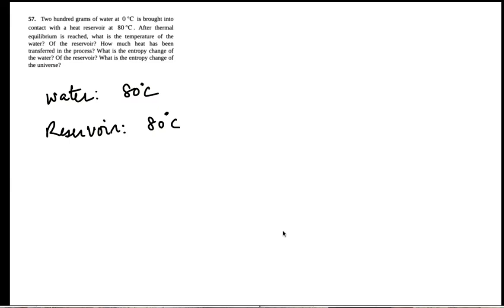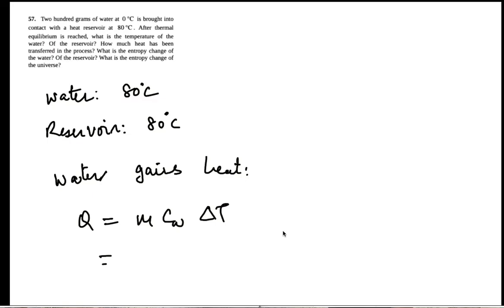Okay, so water gains heat. The amount of heat gained by water is mass of water times specific heat of water times its change in temperature. 200 grams, which is, okay, we'll calculate in joules. So the mass of water is 0.2 kg, and specific heat of water is 4186 joules per kg per degree Celsius or Kelvin.